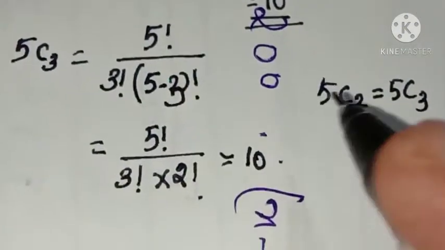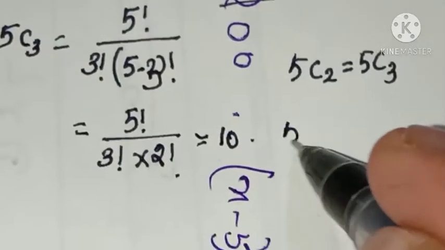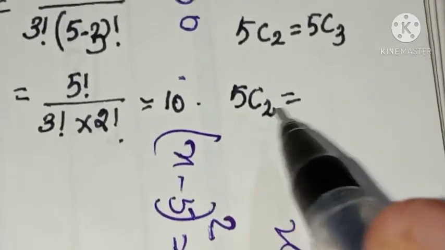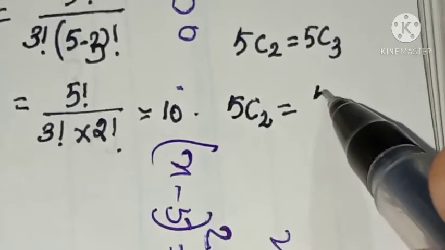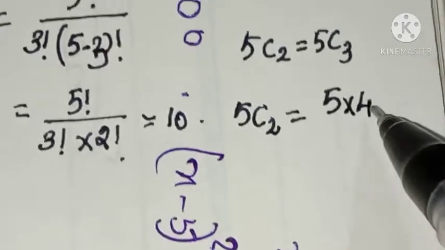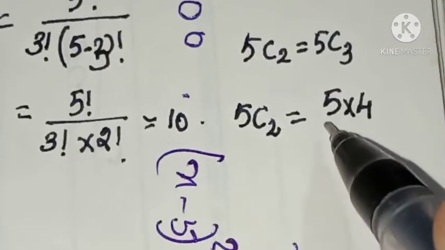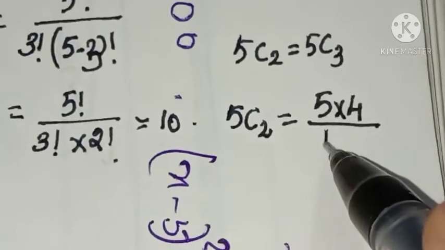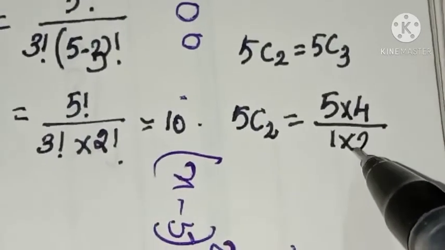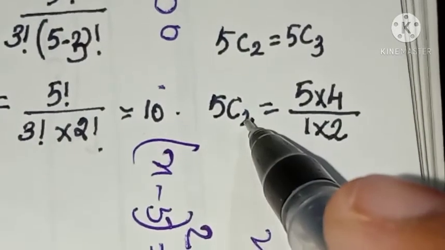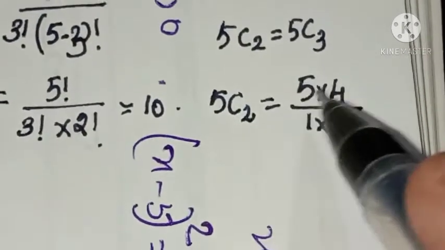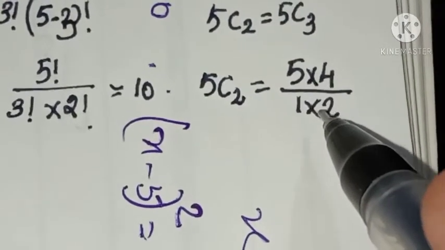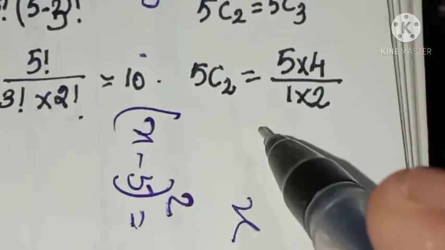Without using the formula, we can easily find 5C2 as, listen. 5C2 is equal to, look at this number, 2. So you need to write 5 into 4, only 2 numbers in the numerator, by, starting from 1, 1 into 2, in the denominator.